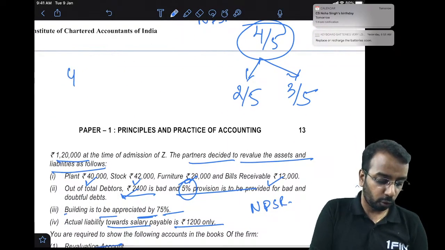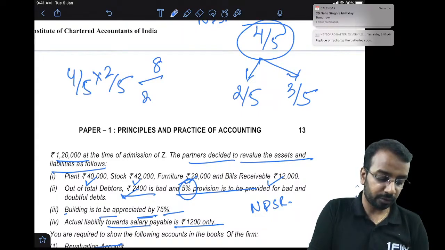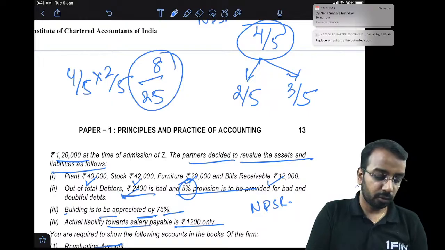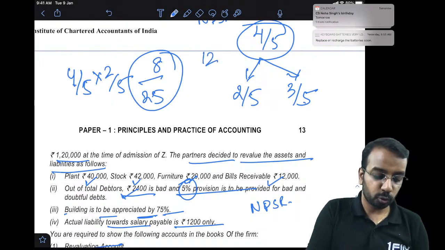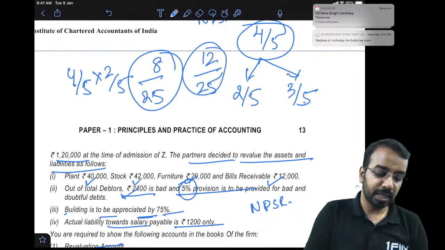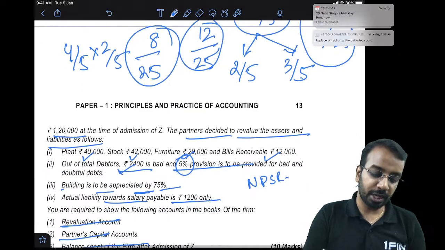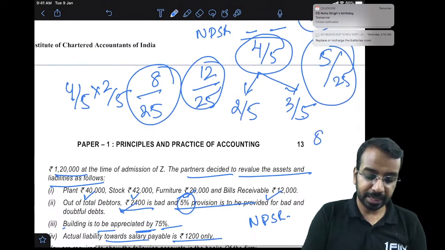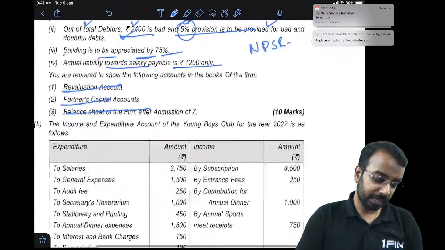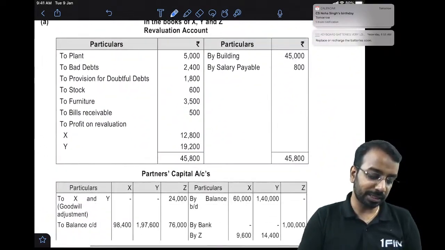So 4/5 into 2/5 is 8/25, and 4/5 into 3/5 is 12/25, and you have 1/5, which is 5/25. So the ratio is 8:12:5. Okay, 8:12:5. That is the challenging part here.